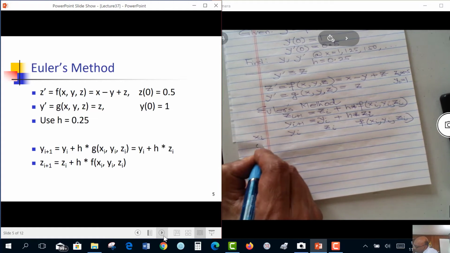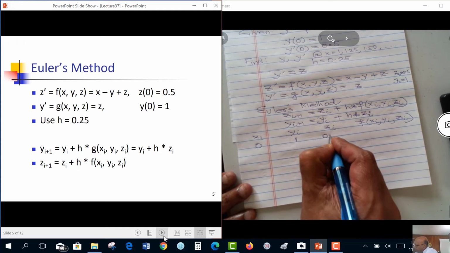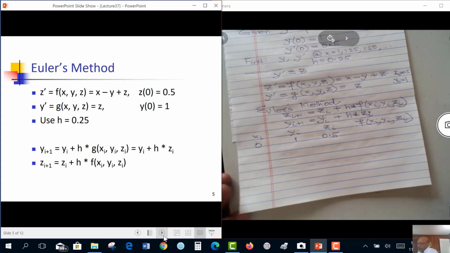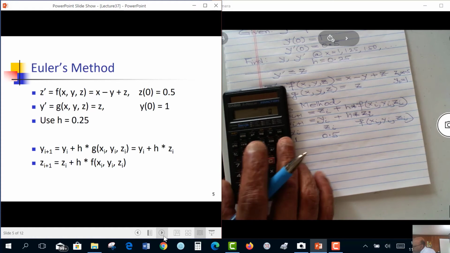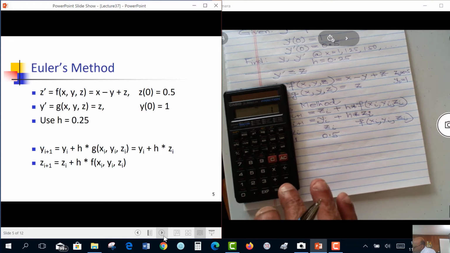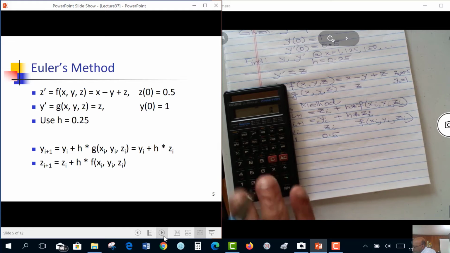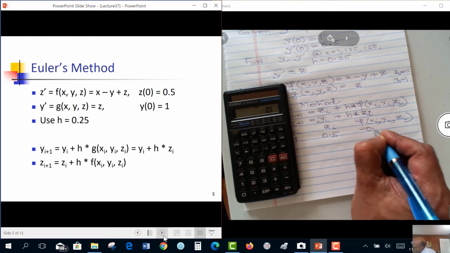So x is equal to 0, y is 1, z is 0.5. Let's evaluate our function. Our function is x minus y plus z. So we'll get minus 0.5.